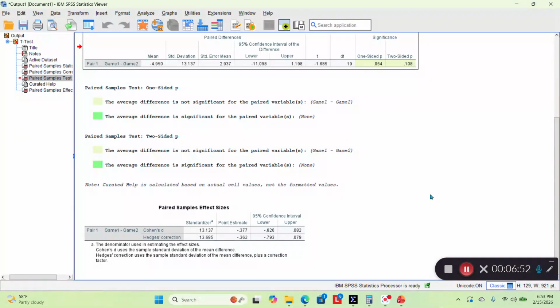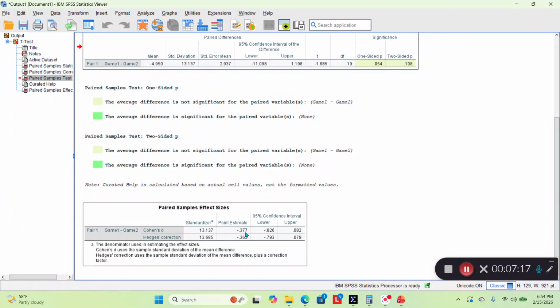So let's go down to our paired samples effect size. So how is our data set affected? So pair 1, gain 1 and 2, Cohen's D. Our standardizer is 13.137, and our point estimate is 0.377. Okay, 0.377.